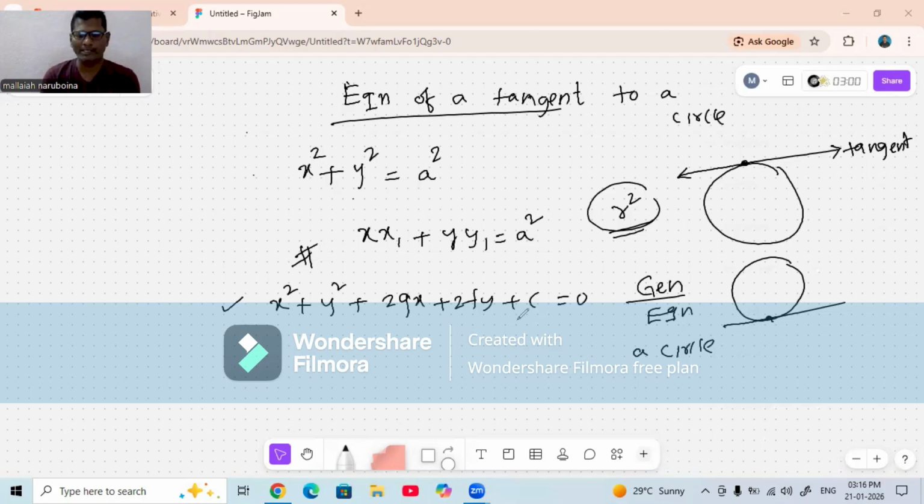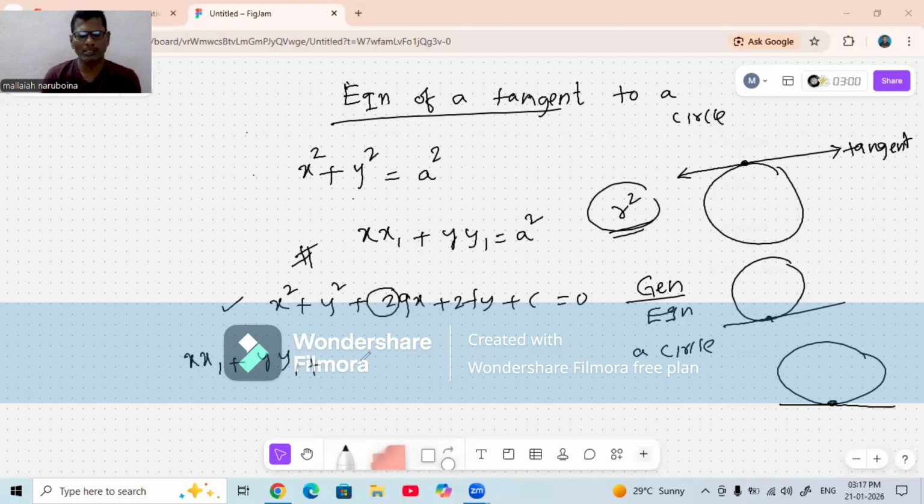If you want to write a tangent to this circle, we write the tangent equation at (x1, y1) as x·x1 + y·y1 + g(x + x1) + f(y + y1) + c = 0.